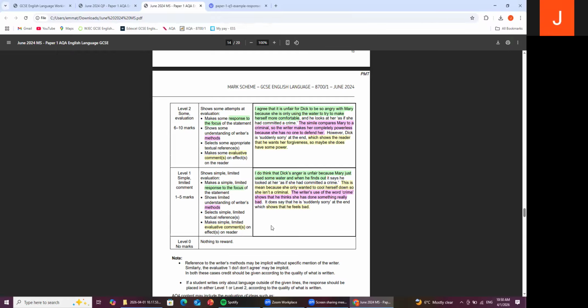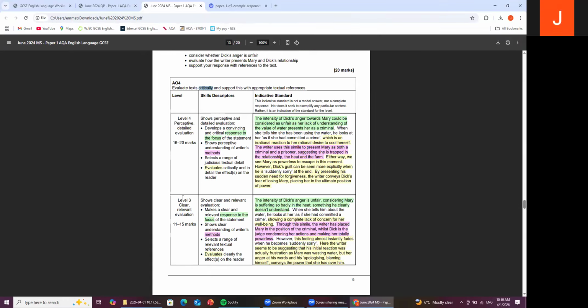The writer's use of the word crime shows that he thinks she has done something really bad. Okay, it offers something, but doesn't really pick anything apart or offer anything really analytical. It does say that he is suddenly sorry at the end, which shows that he feels bad. So there's some offer of analysis there, but it's nothing that's really developed at all. Nothing that's going to get the student out of level one.